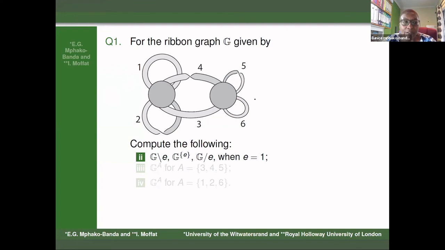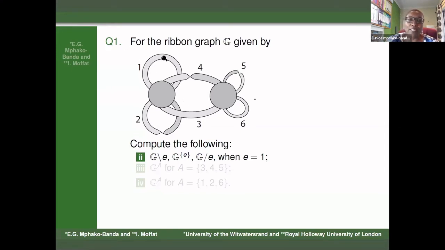With this graph, can you compute the following? One, can you find the ribbon graph G contract e, which we call a minor? Can you find this minor or this subgraph G delete e? Then after that, if you are able to do that, can you find the partial dual with respect to an edge e, where this edge is equal to 1?